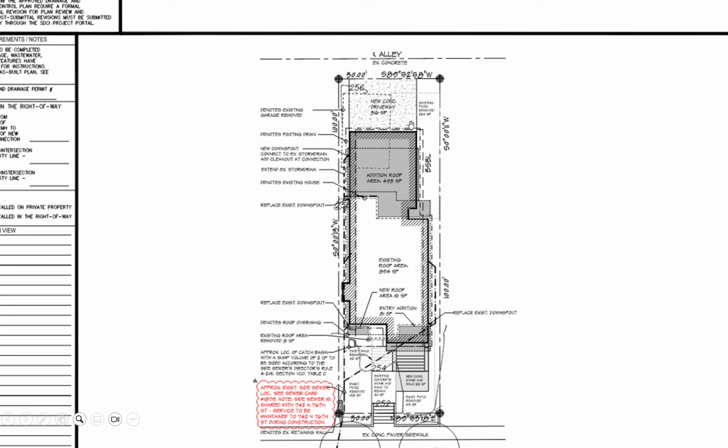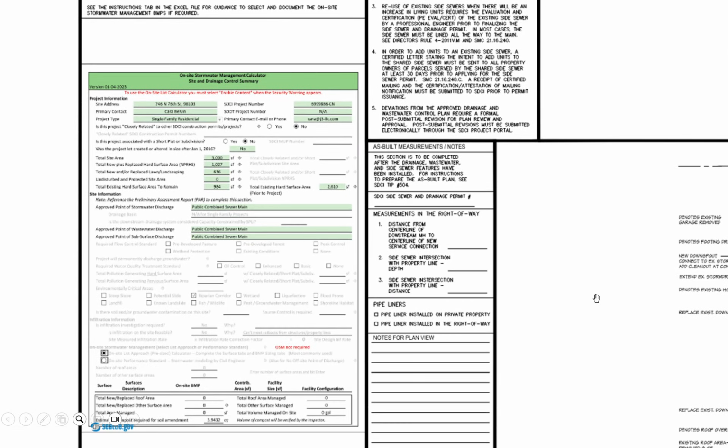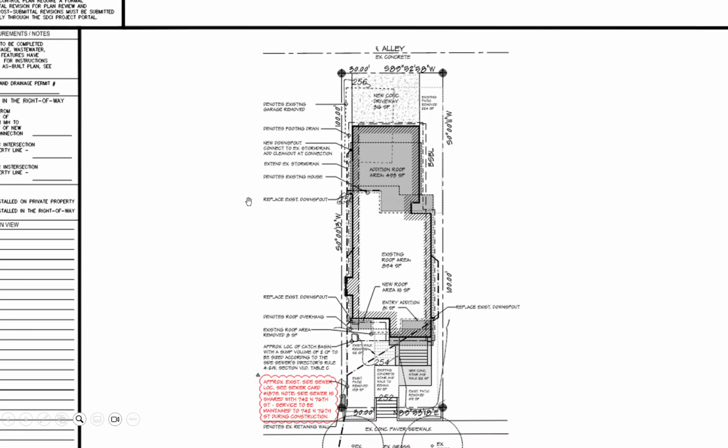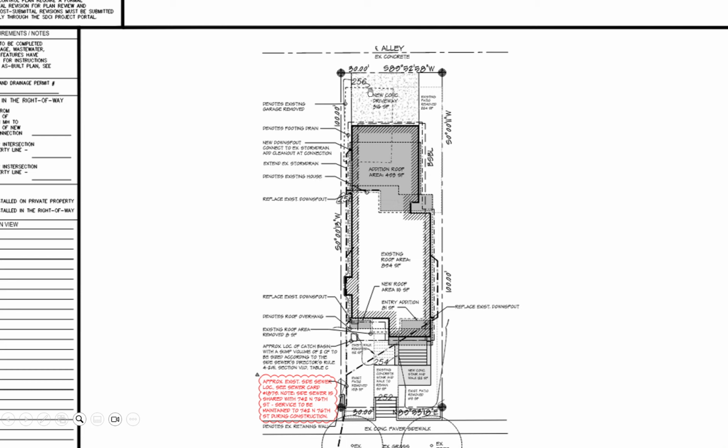Those areas of new hard surface need to be shown clearly on the drainage and wastewater control plan, and how those hard surfaces connect to the approved point of discharge. This particular project is the public combined sewer, so the new downspouts and other hard surfaces are shown as being connected to the existing side sewer.